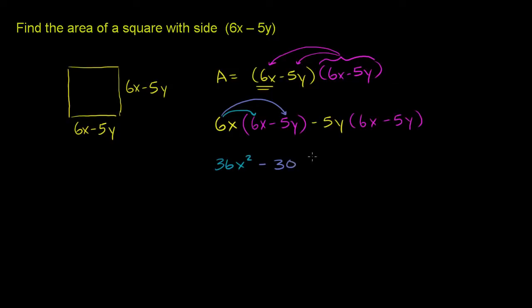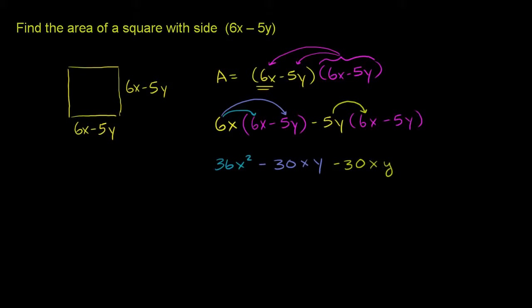And then I have an x times a y, negative 30xy. And then I want to take, I'm trying to introduce many colors here. So I have this negative 5y times this 6x right over here. So negative 5 times 6 is negative 30. And I have a y and an x, or an x and a y.